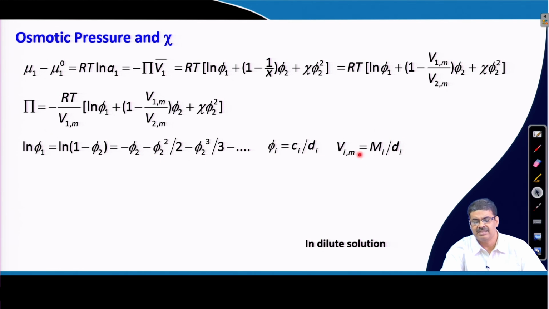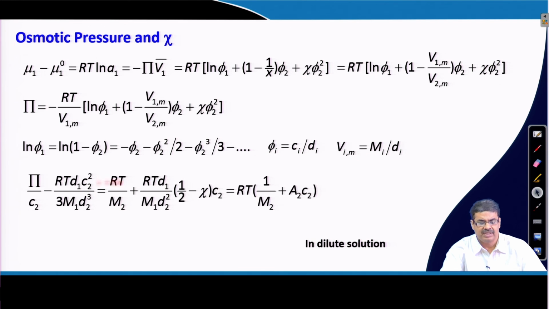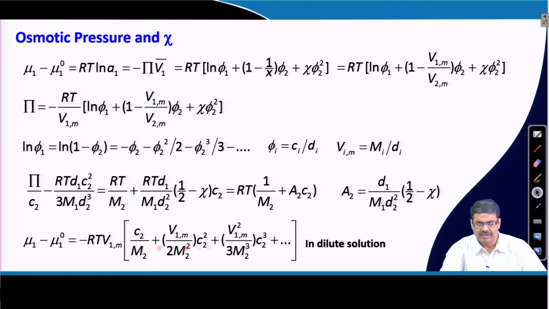If you utilize all these formulas, then we can express the osmotic pressure divided by the concentration of the solute, in this case polymer, and we have this expression. In the case of a dilute solution, we can write this as a virial expression.